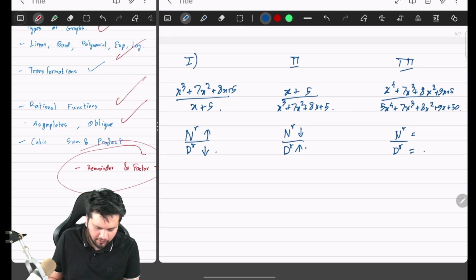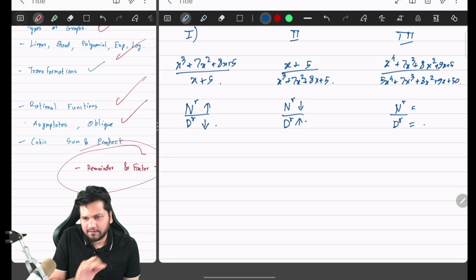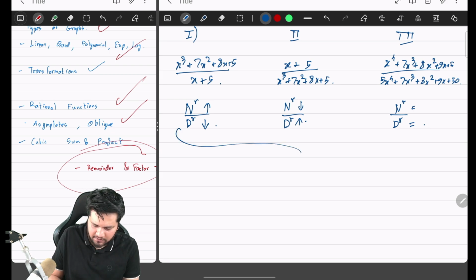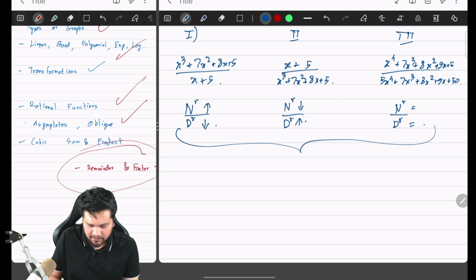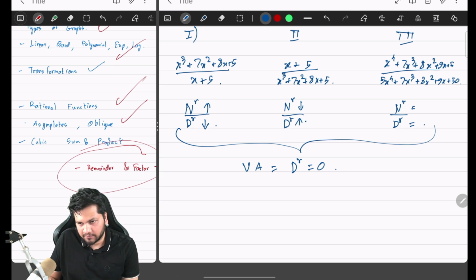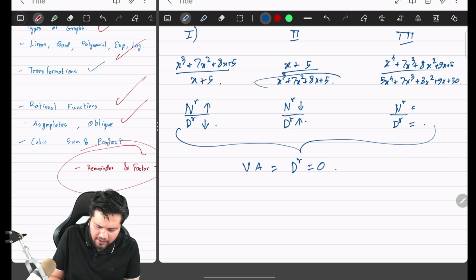Now, obviously the vertical asymptote applies for all of these. In fact, even the 4th case is going to be the same thing. For the vertical asymptote, wherever the denominator is 0, that time we will get the vertical asymptote. For example, here x is equal to minus 5 is your vertical asymptote. Here you can factorize it. Maybe you will get x minus 3, x plus 5, x plus 3 or something like that.